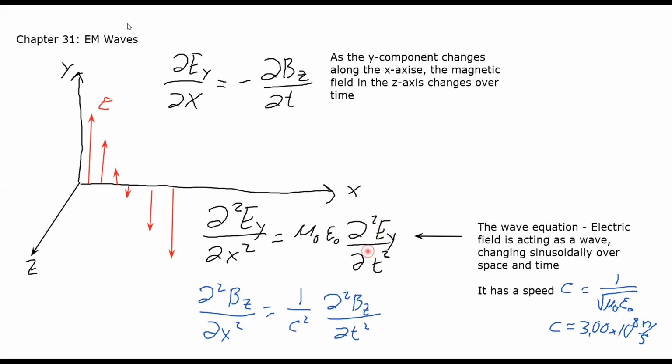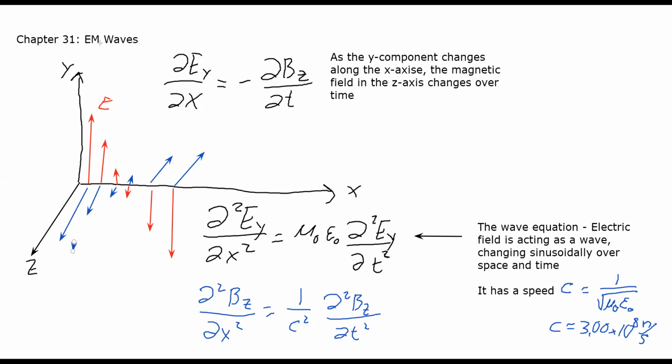But look, this is the electric field in y giving us a wave, but now we're talking about the magnetic field in the z component. So we have a magnetic field that's also a wave, and it's going to look like this, along the z component there. And so this will be my magnetic field.